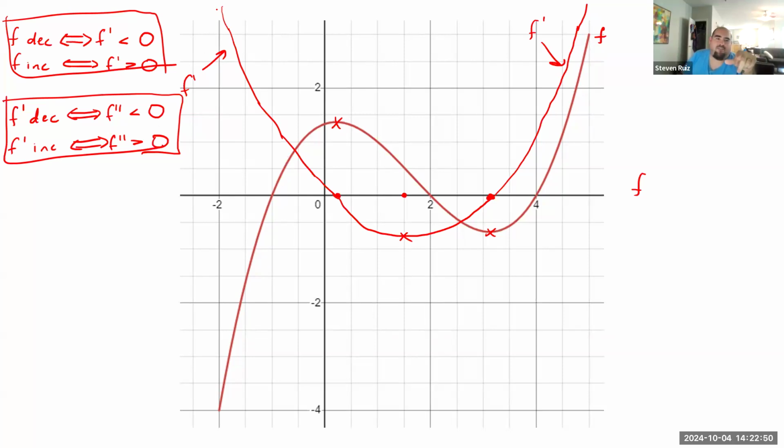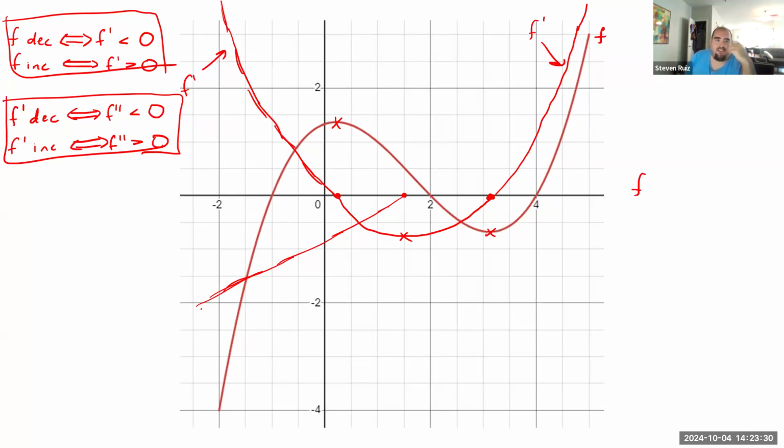So back to drawing our graph, I know that this function is decreasing. So what does that mean about the derivative? Well, it's going to be negative. I don't know exactly what that looks like, but all I know is that it's going to be negative. And actually, that's not all I know. I can see that as I move from left to right, the slopes are getting really negative, less negative, less negative until they eventually reach zero.